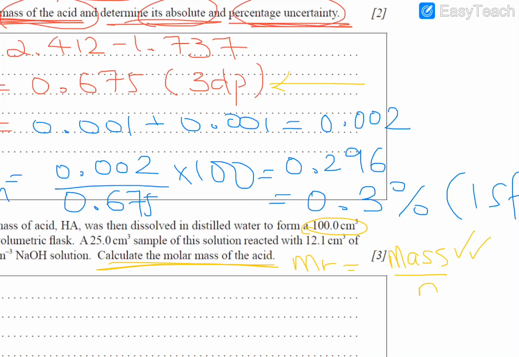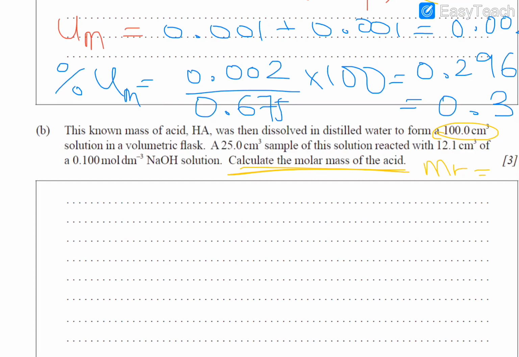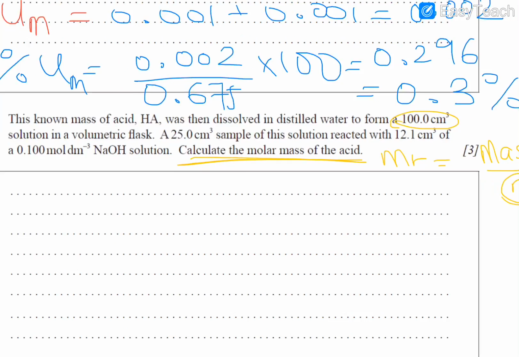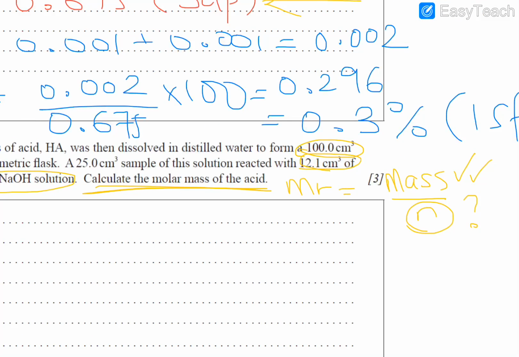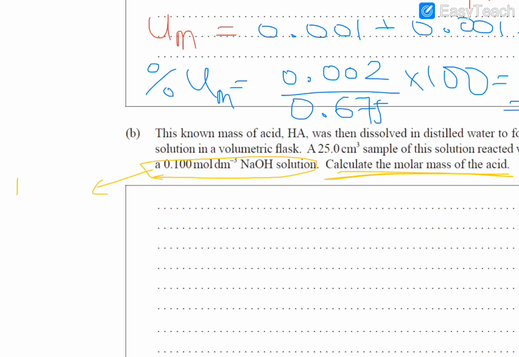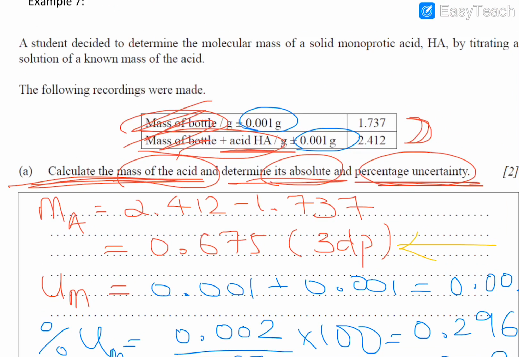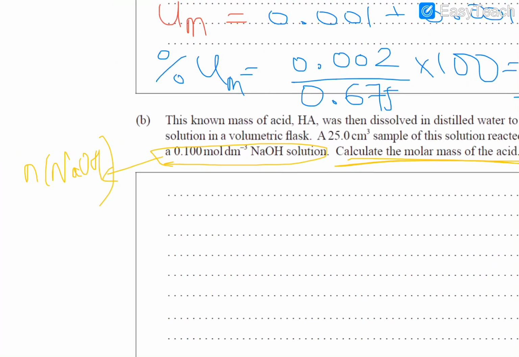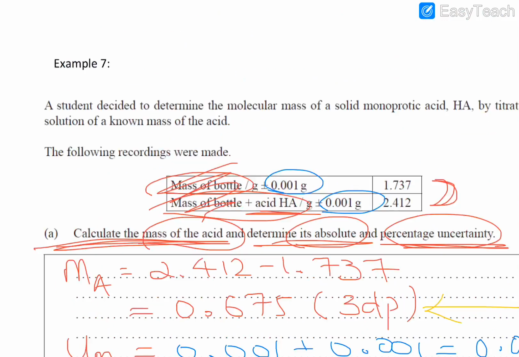This is what I have here, the mass. So it's the number of moles that I need to find. So I have the concentration of NaOH. I have the volume of NaOH. So I can get the number of moles of NaOH. Once I have the number of moles of NaOH, I have to know with how much acid it's going to react.